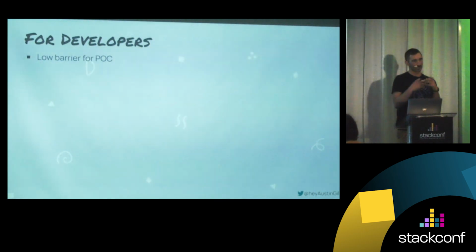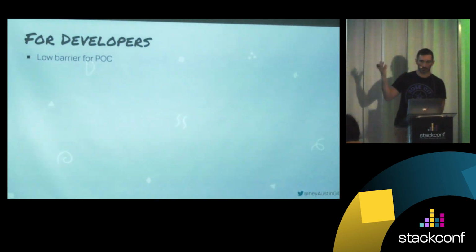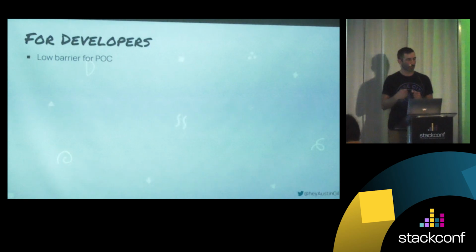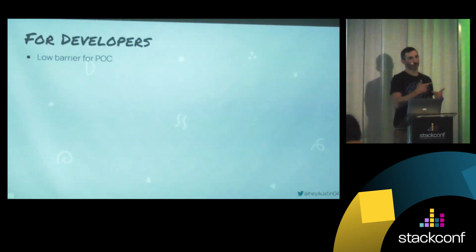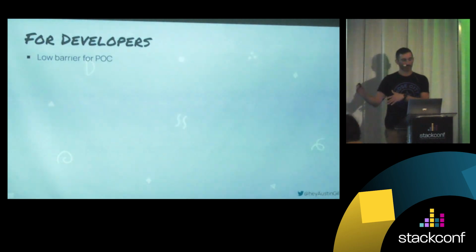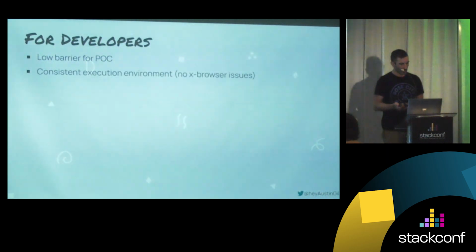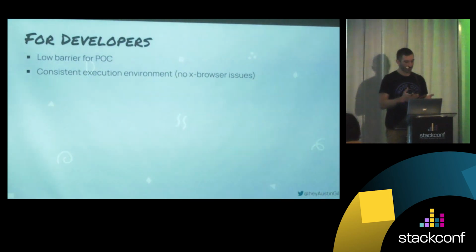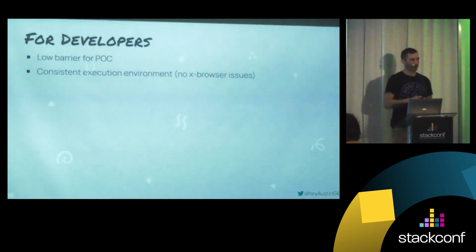All you have to do is write the business logic and deploy it to the service provider, and that allows you to create more iterative functions more quickly, whether different teams are responsible for different business logic or you're migrating different services. This also gives you a consistent execution environment, so you don't have to deal with the cross-browser issues that we discussed about client-side rendering.